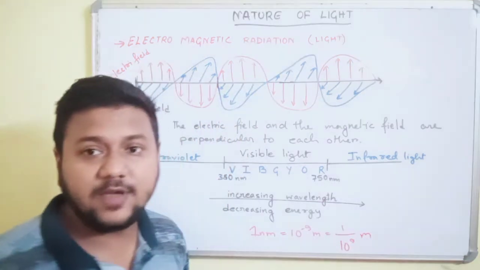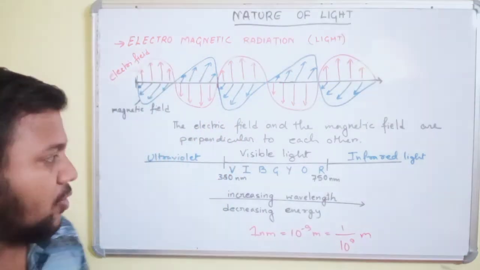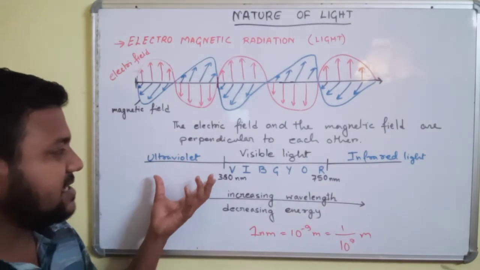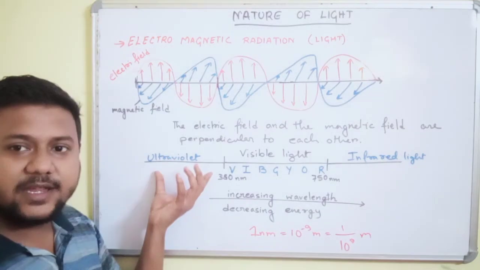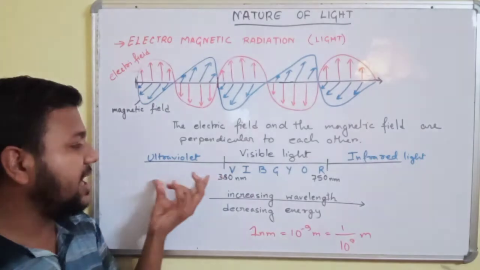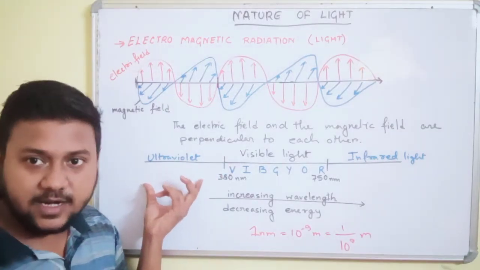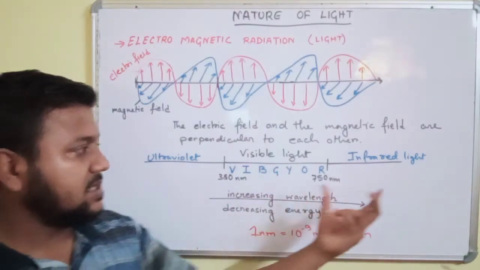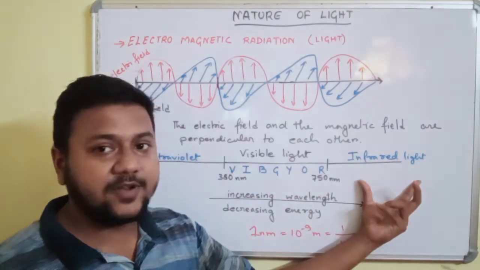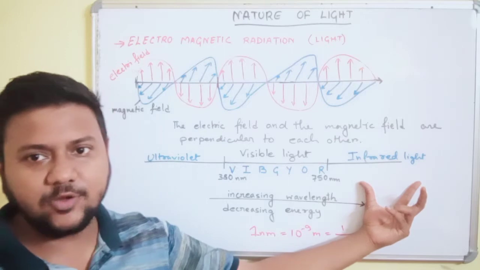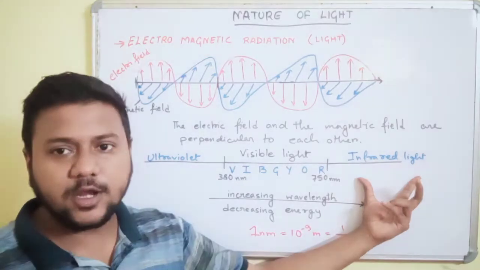So it is very small. Moreover, the electromagnetic radiation that is below 380 nanometers is called ultraviolet light, whereas the electromagnetic radiation that is more than 750 nanometers is called infrared light.